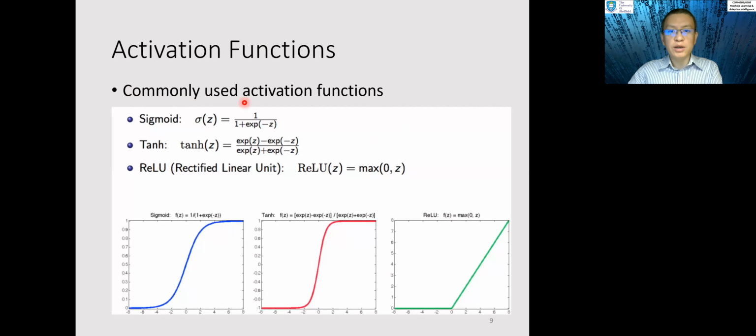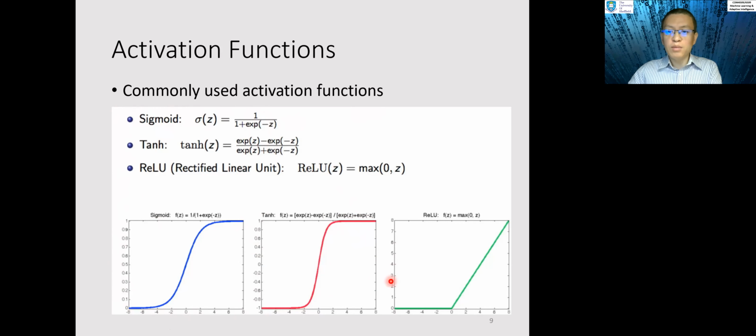Commonly used activation functions include sigmoid, which is what we studied last week in logistic regression. So this is what a sigmoid function looks like. Another choice is a hyperbolic tangent function, which looks like this. But actually, the most popular activation function nowadays is called ReLU.